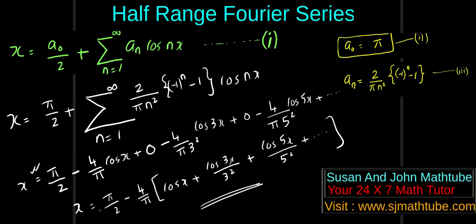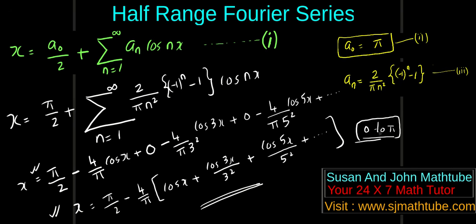So that's a half range series for x. Not only half range, it will be completely in terms of x. And we will use the range from 0 to pi, because the other part was created by us so that we can construct the series.